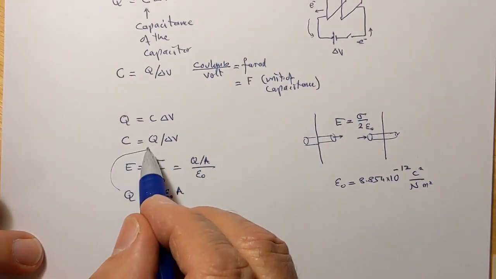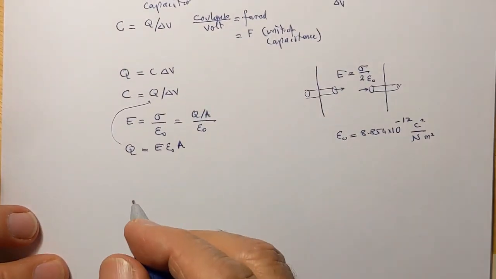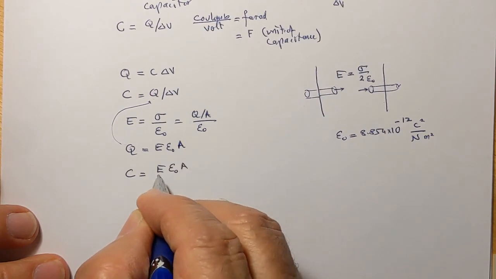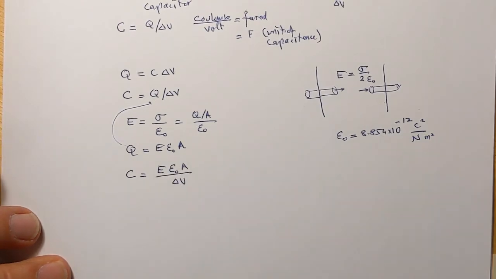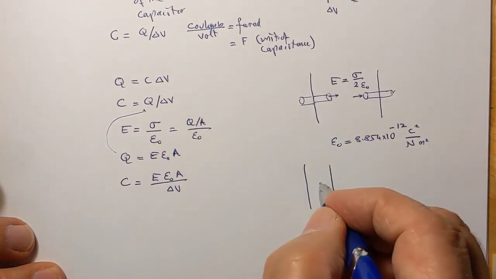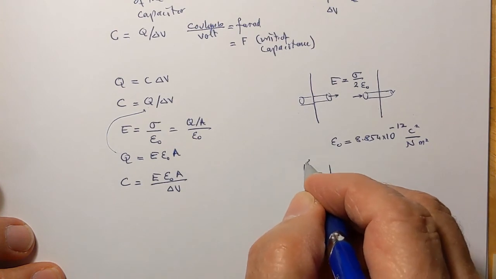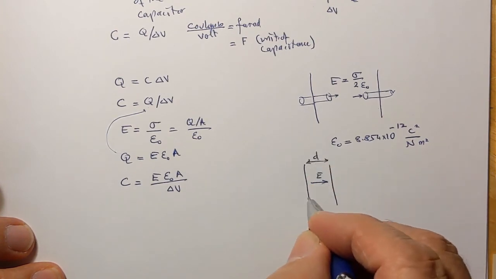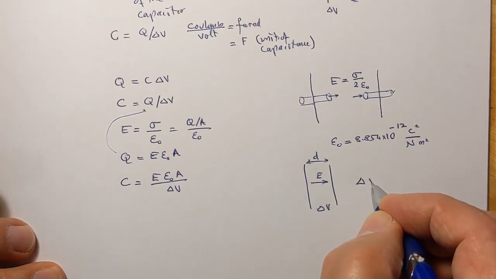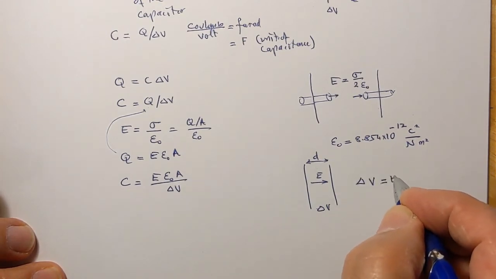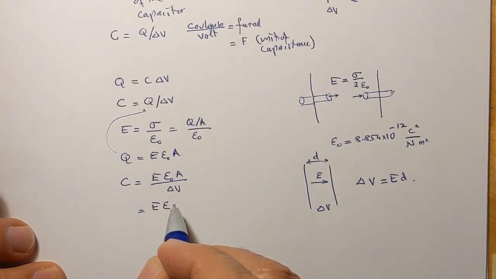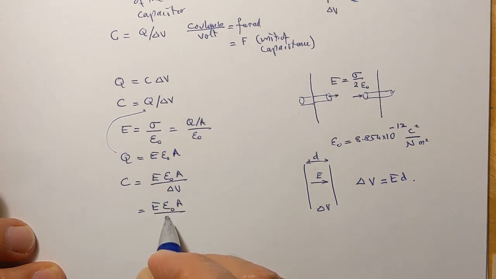So our C becomes E epsilon naught A over delta V. Now we know for a parallel plate the electric field between the plates is E, the distance is D, and the potential difference across them is delta V. Then delta V equals ED, so we can replace delta V with ED.